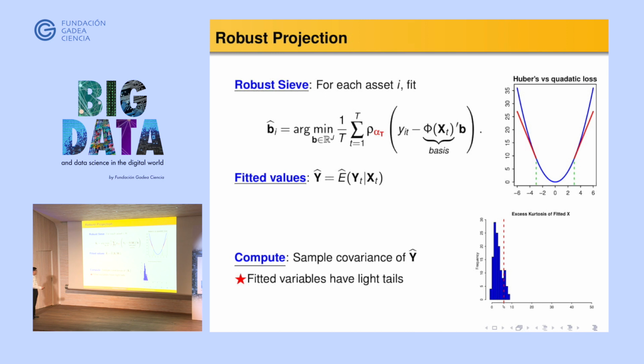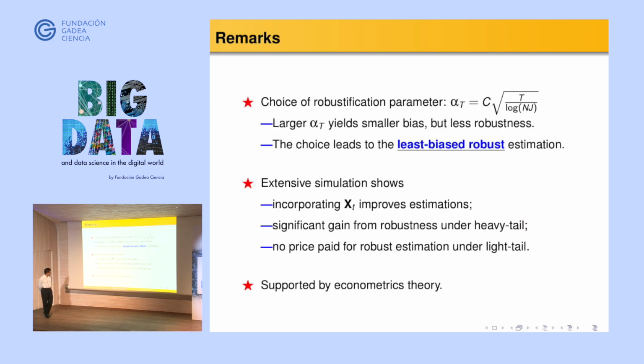Now I compute the sample covariance of my fitted value, and then I get the principal components analysis based on my fitted value, and that actually has much lighter tails. This is the kurtosis of my fitted value, which has much lighter tails than what you have seen before. So this is really just saying that if you do projection and run principal components, you get much better results.